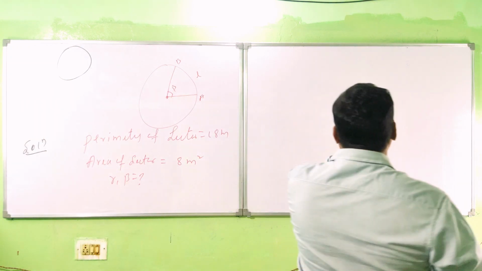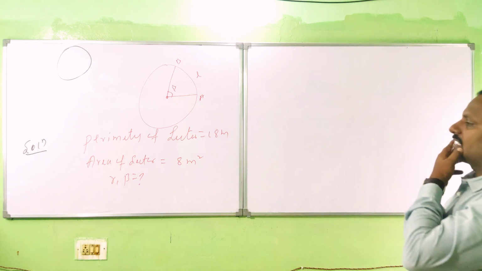Listen carefully. They have given two conditions: perimeter of the sector and area of the sector.